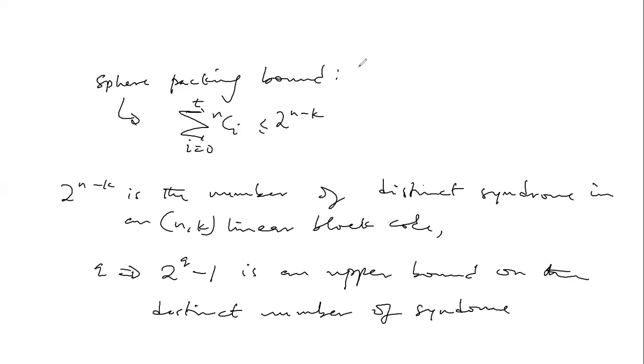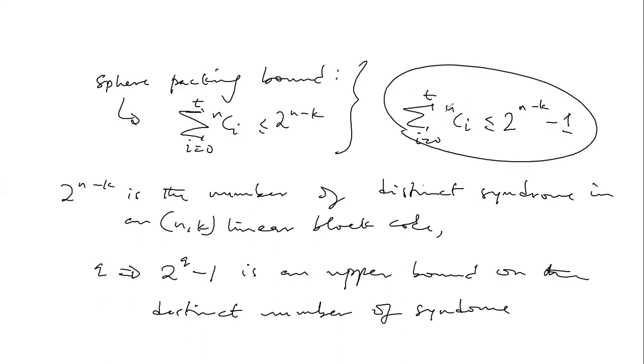Hence, the sphere packing bound now reduces to the summation of i equal to 0 to t of n combination i, which is less than or equal to 2 to the power of n minus k minus 1, which is the upper bound, considering 1 extra bit for the all-zero syndrome.